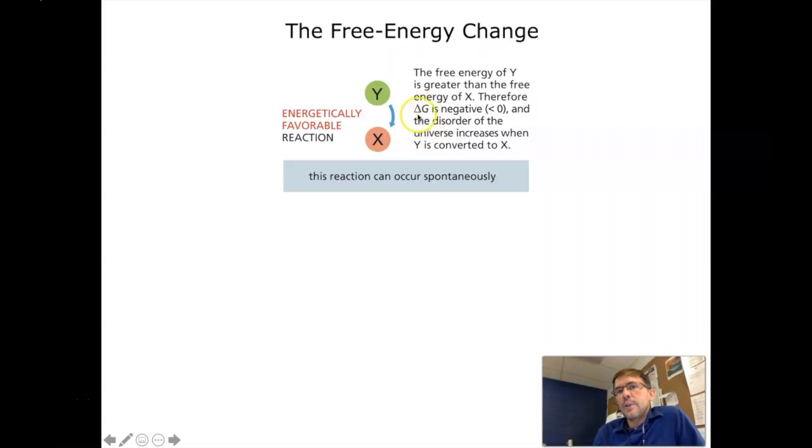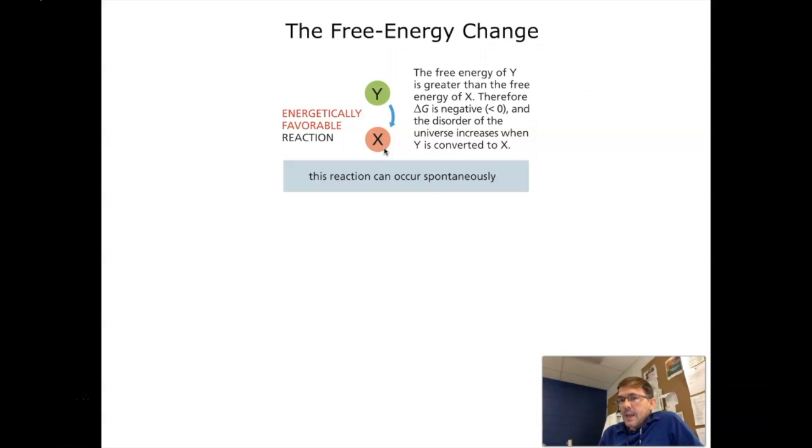Here the free energy we call G. The change in free energy is delta G, delta for difference. There's going to be a difference before and after as a molecule changes from one substrate to one product. If that delta G between those two different states is negative, then it's favorable.